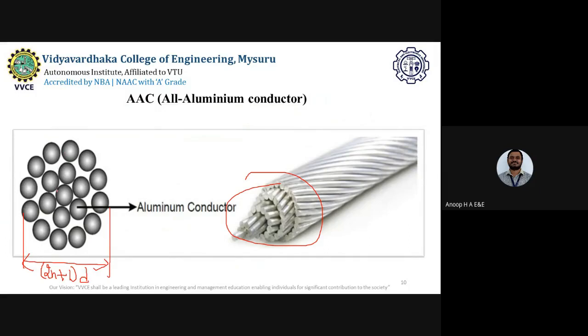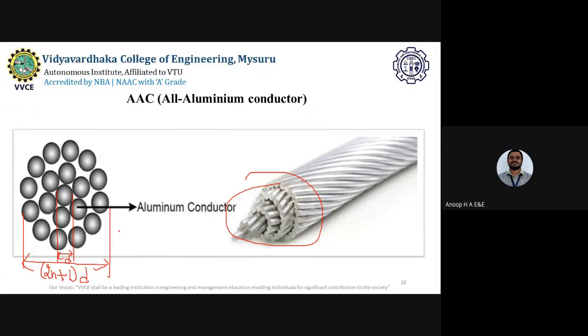You should know what d is. The diameter of each strand is called the small d. So that would be (2n plus 1) into d. That is what you see in the case of an all aluminum alloy conductor.